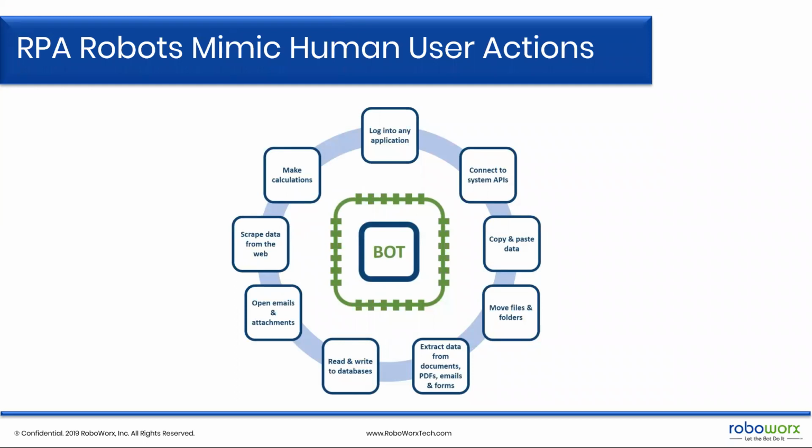And this is a real, specific example of what the RPA robots, the bots, actually do, right? They can mimic anything I'm typing on my computer that a human worker can do. They come in the morning, they open their email, they log in, then they copy and paste data.